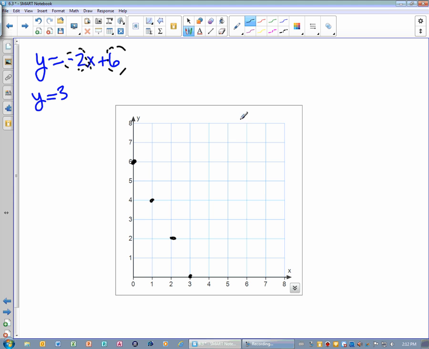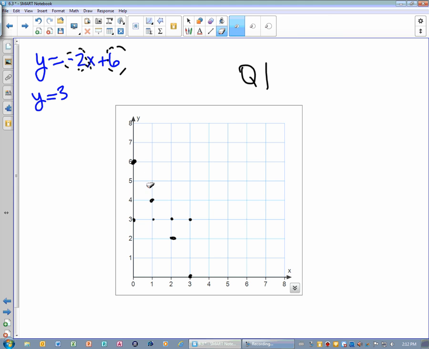Now notice I'm in the first quadrant. Why am I in the first quadrant? Because my x and y can only be positive whole numbers. My other equation is y is 3. That means go to where y is 3 and you are going to have a horizontal line where y is 3 because it cuts the y-axis at 3.